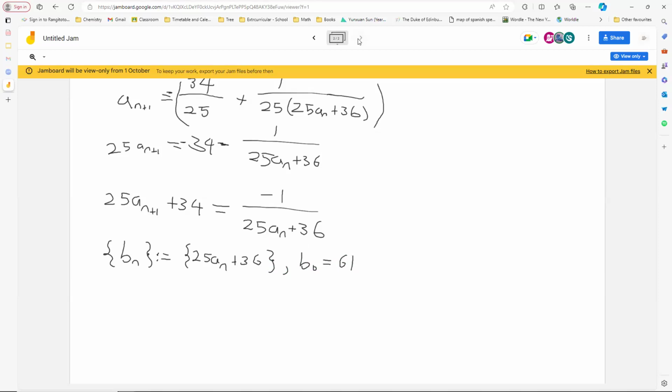And while using our recursion up here, if we sub in bn equals 25 an plus 36, you get that on the left is bn plus 1, sorry, bn plus 1 minus 2 equals minus 1, and that's just bn, right? Or in other words, bn plus 1 equals 2 minus 1 over bn.